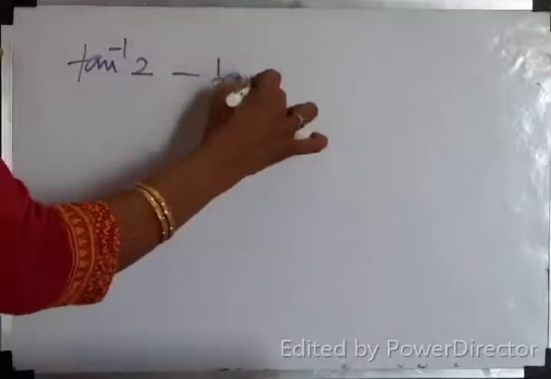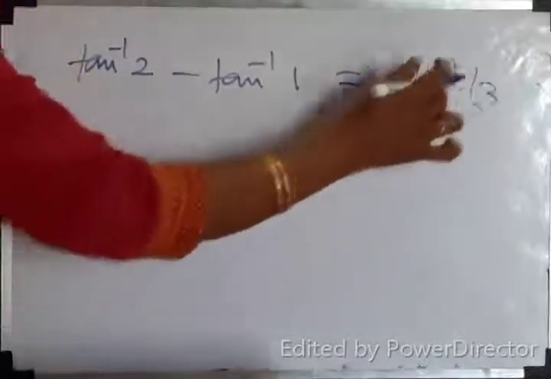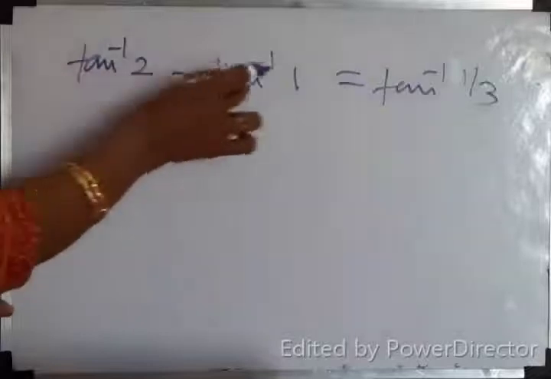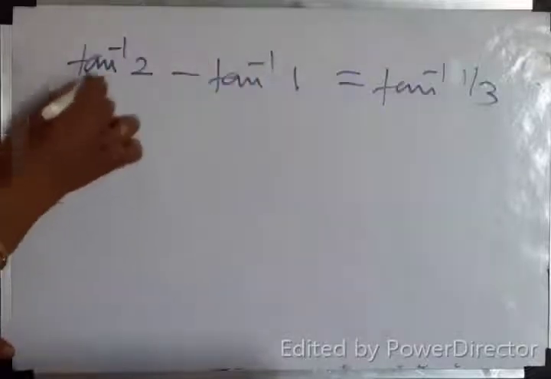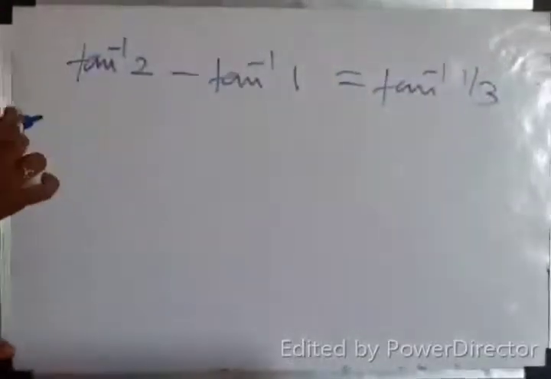Now, anybody can answer this. Prove that tan inverse 2 minus tan inverse 1 equal to tan inverse 1 by 3. Tan inverse x minus tan inverse y. You have to start from the left hand side. Already the right hand side is in simplest form.